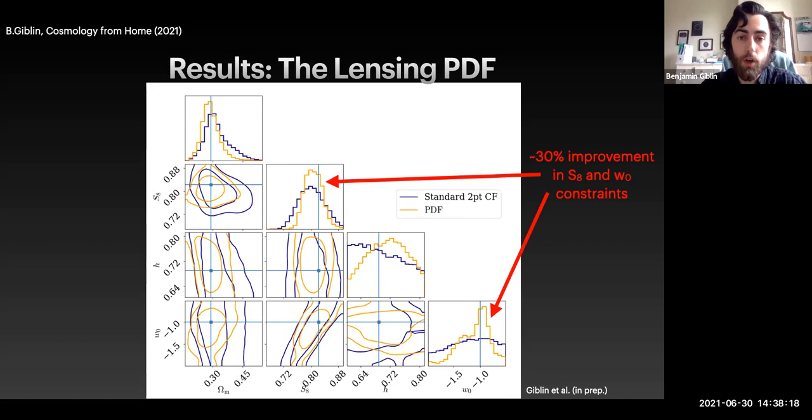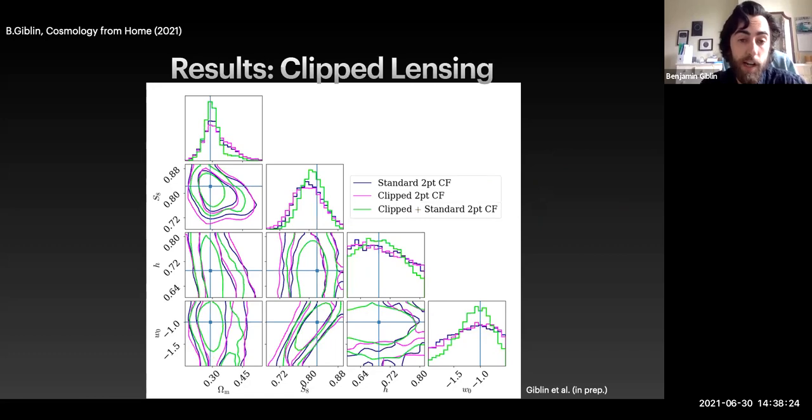Okay, so now let's look at the results for the other statistic, the clipped shear correlation functions. Again, here I'm showing the blue contour, which corresponds to the standard shear correlation functions. Then in pink, you have the contours from the clipped shear correlation functions.